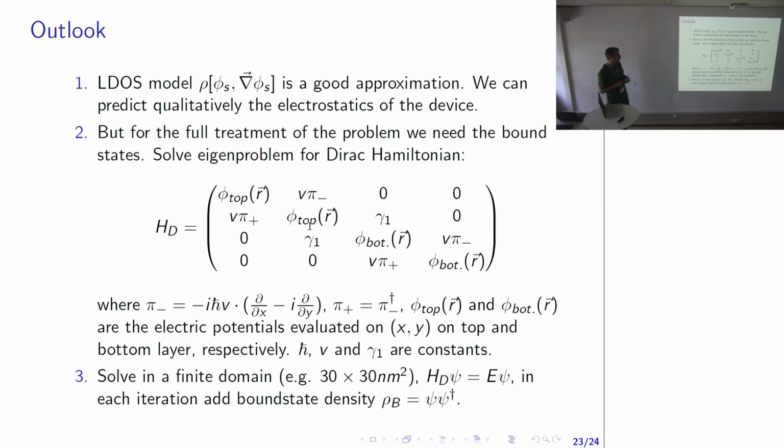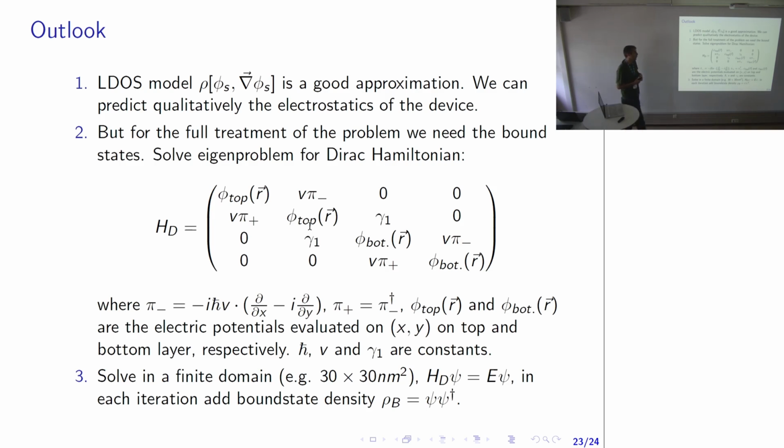And my very last slide, so I just put this on yesterday because I was very impressed by the math talks. And I thought to myself, well, I have a room of experts here. Maybe I should just ask. So the model LDOS is good in the sense that you can explain experiments. So experimenters come to us with some curves, and we can explain them roughly. But these are just qualitative explanations. The full treatment of this problem would actually require us to solve an eigenvalue problem on the fly.